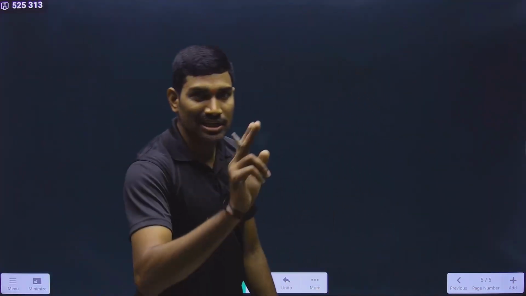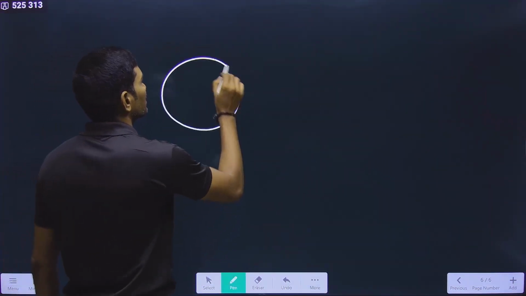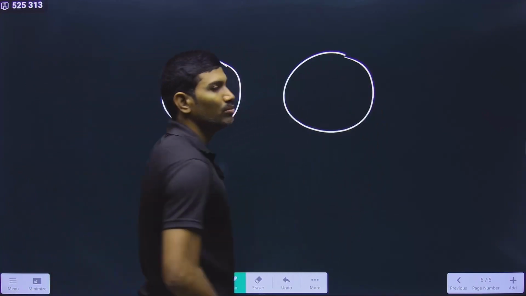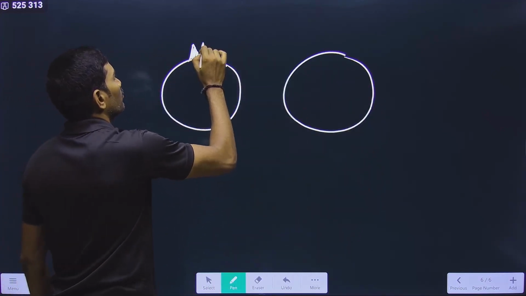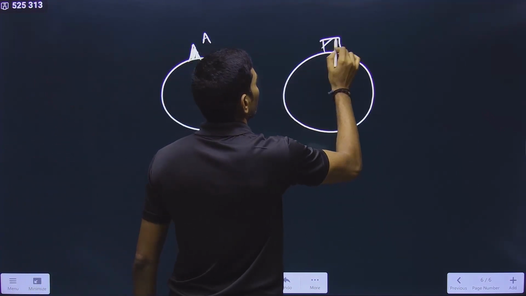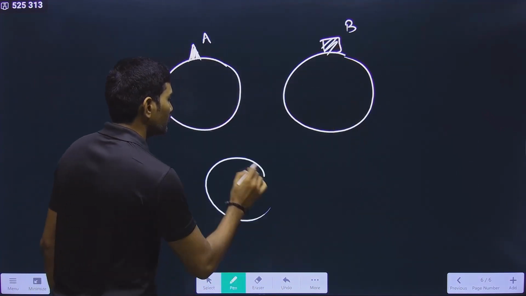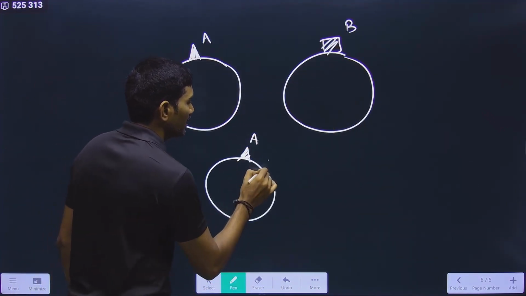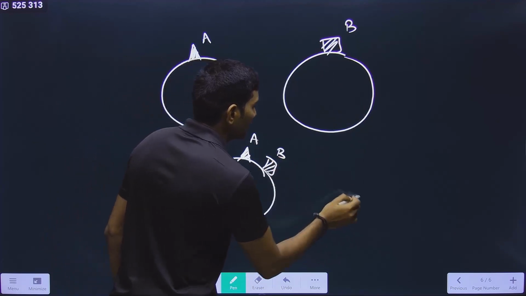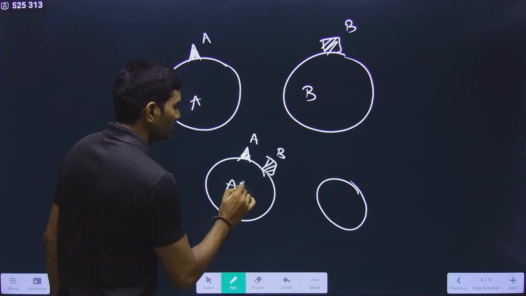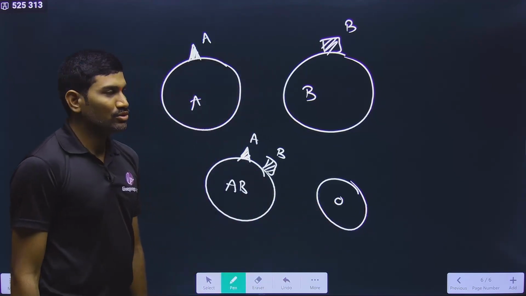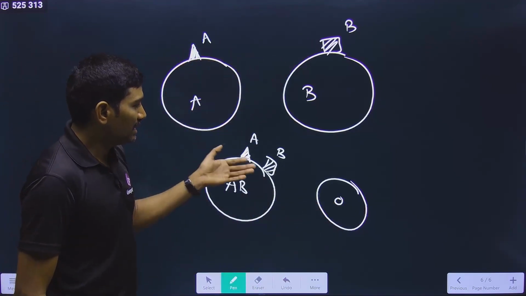Another interlinking point with principles of inheritance and variation is regarding human blood group antigens. Human blood group antigen A, human blood group antigen B. Suppose this is A blood group, B blood group, AB blood group, O blood group. Yes or no? You studied that. So what are these antigens?